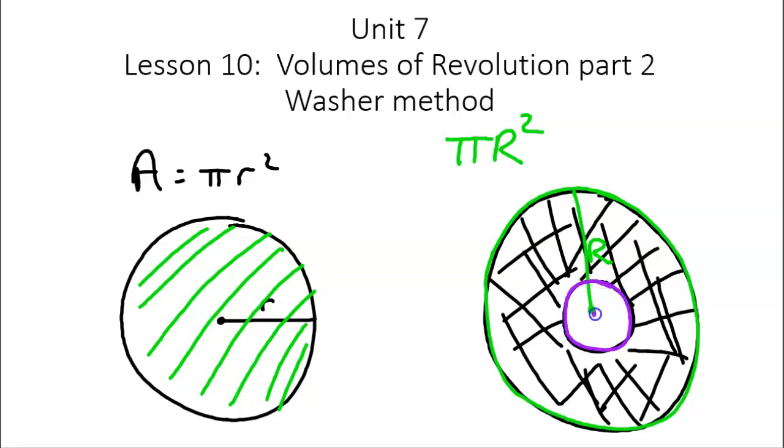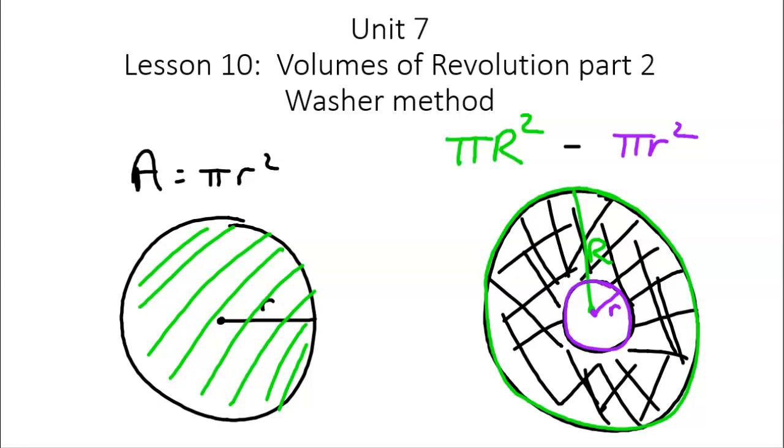And that little circle has a radius as well. I'm going to give it a little r there. And the area of the little circle is pi r squared also, just with a different radius, right? If you want to find the area of the washer, you subtract the area of the little circle from the area of the big circle. So it's kind of like you start off with a full circle and you subtract this little piece out, and what's left over is the area of the washer.